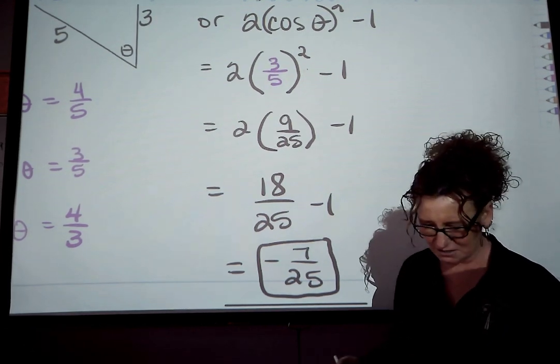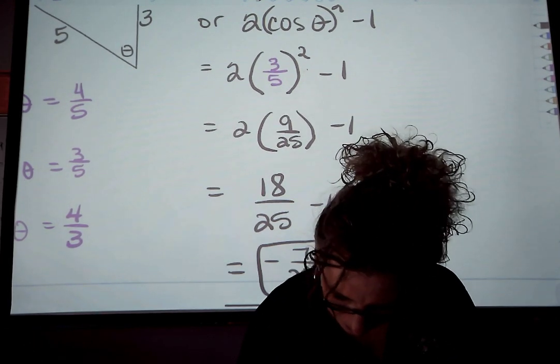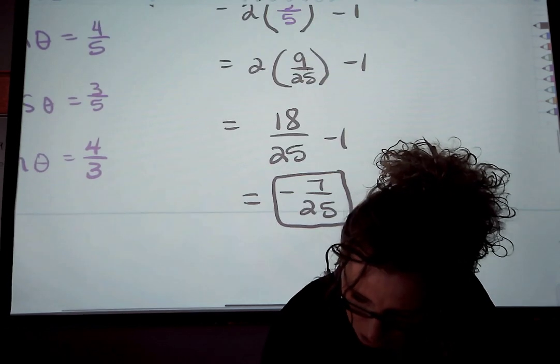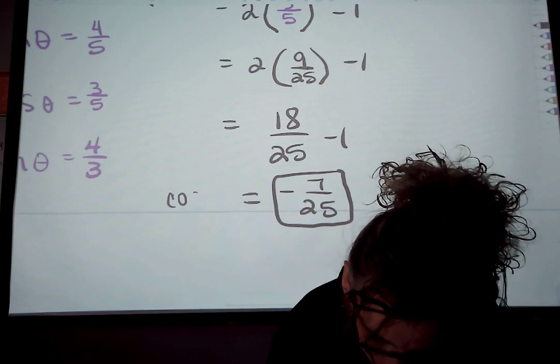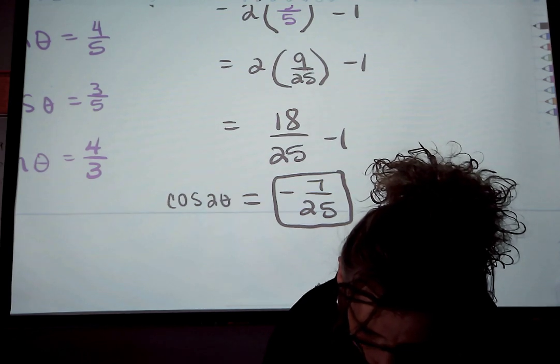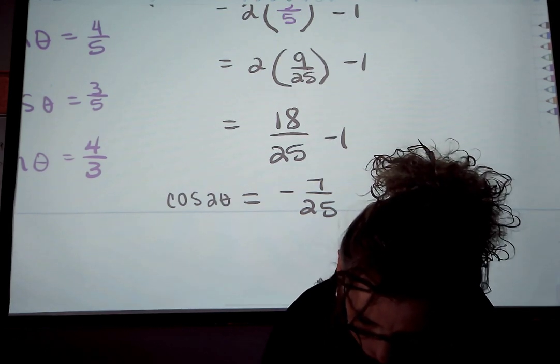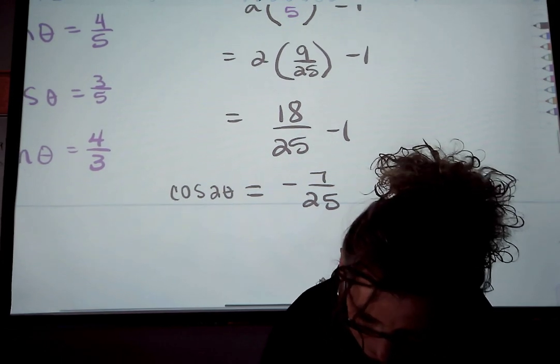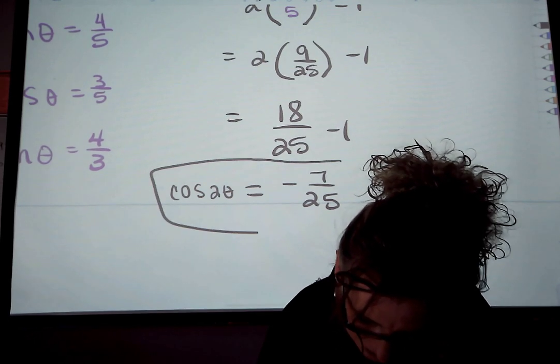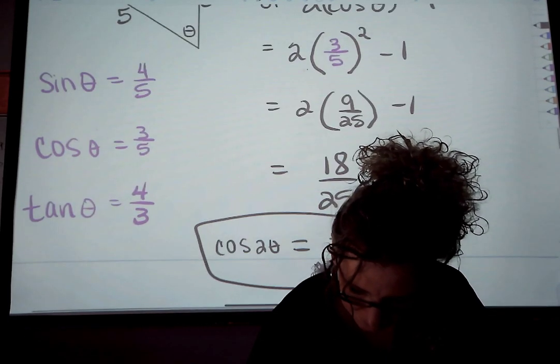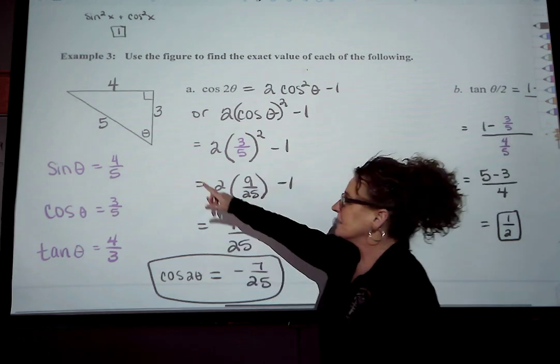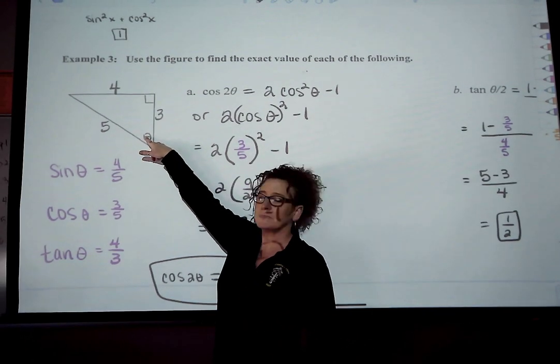Wait, what is that? Negative 7, what am I finding? I'm finding cosine of 2 theta. That was the original question. Remember theta that was up here that was acute? I don't want cosine of that one.